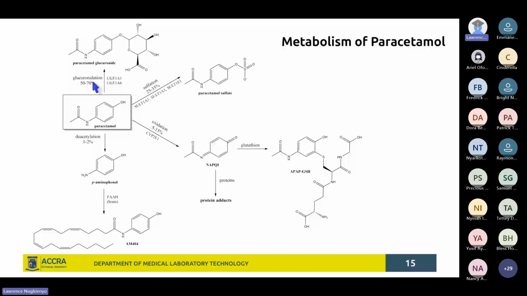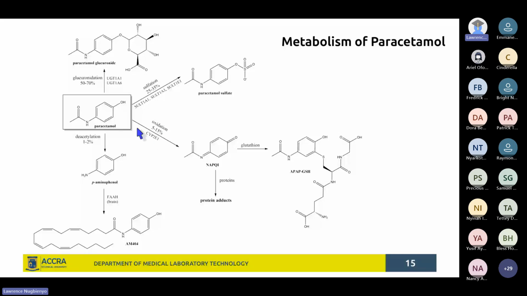So here you see that's glucuronic acid, and it binds in place of the hydroxy group of paracetamol. What it means is that 50 to 70% of paracetamol that is administered just gets conjugated with glucuronic acid and gets excreted out of the body. That's what it means.